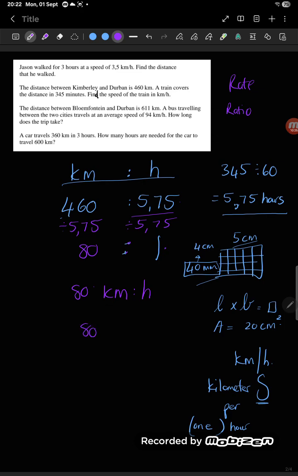We used to say 80 kilometers per hour as a fraction, but now we just say 80 kilometers per, that's like the divide sign in your fraction, per hour. In other words, per 1 hour. Kilometers, lots of kilometers per 1 hour. Okay, good job.